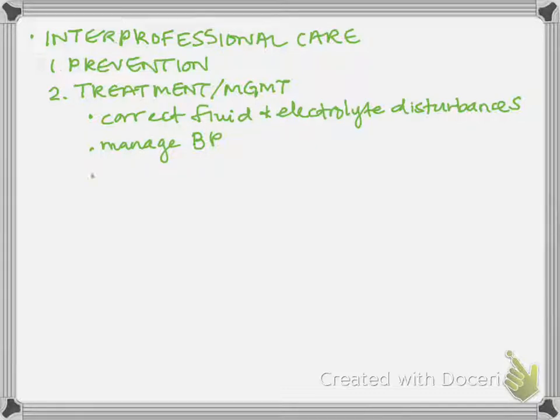Treat infection, because remember, the primary cause of death in acute kidney injury is infection. The problem with that is if our patient does have an infection, before the culture can be completed, because that takes a few days, we have to put them on broad spectrum antibiotics, and those can be nephrotoxic. We need to maintain nutrition.